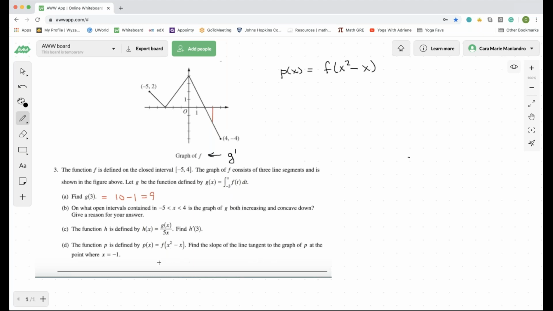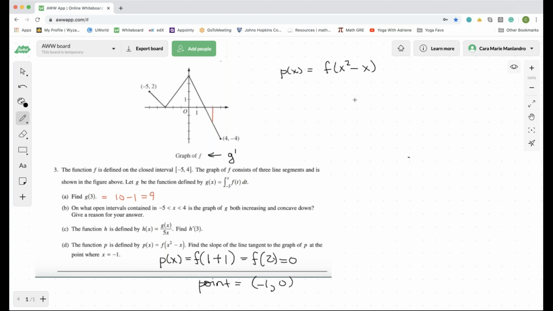So p of -1 is going to be equal to f of, let's see, -1 squared is 1 minus a -1. Okay, so this is f of 2, which looks like it's 0 to me. All right, so the point that I'm going to use is -1 and then 0.